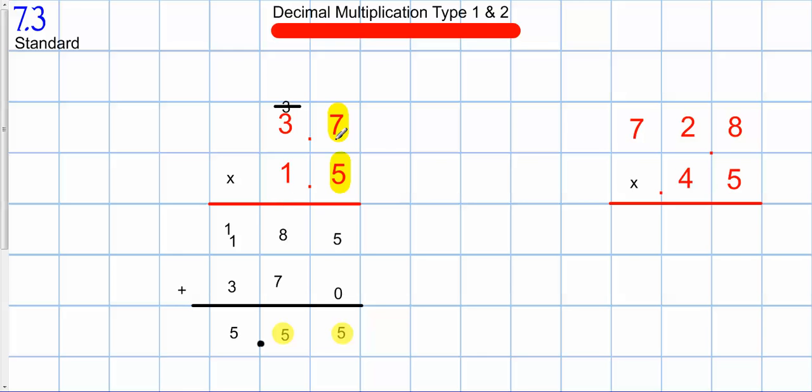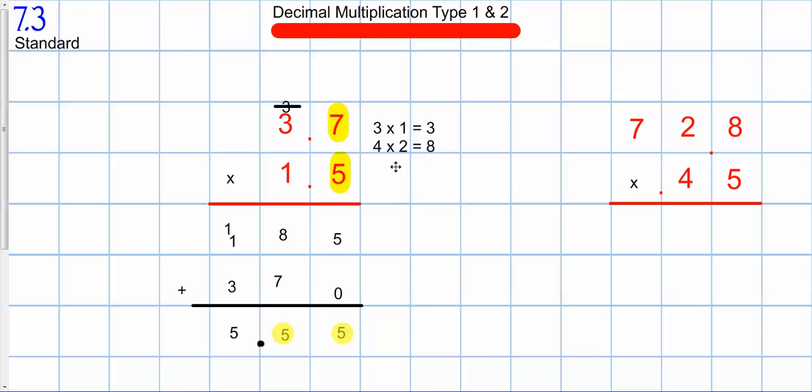So let's see if this makes sense. Okay, so 3 times 1 equals what? 3. Okay, 4 times 2 equals 8. So is 5 and 55 hundredths in between 3 and 8?